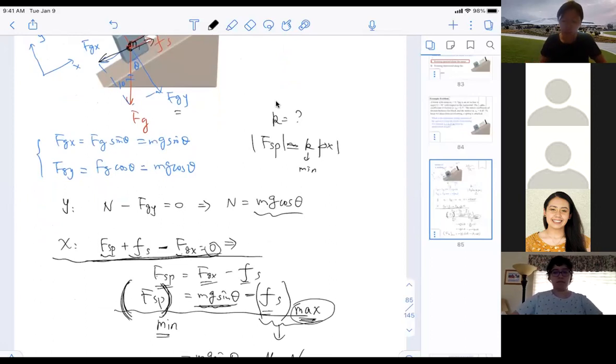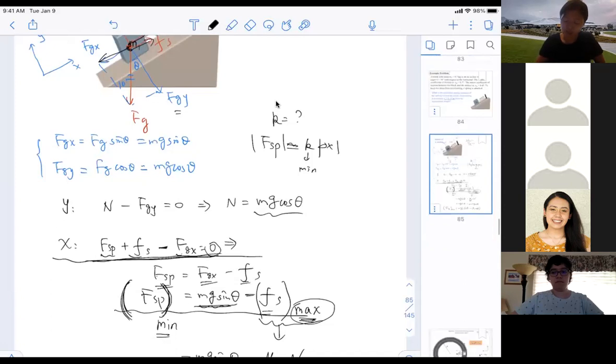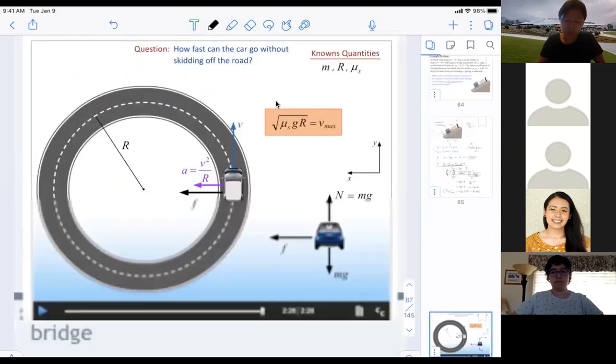All right, so let's move on. There are very interesting things about static friction, so I wanted to talk about two different things before we move on to other topics. For example, if you have a car, we rely on static friction a lot in our daily lives.